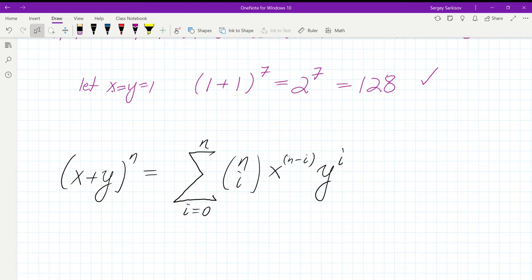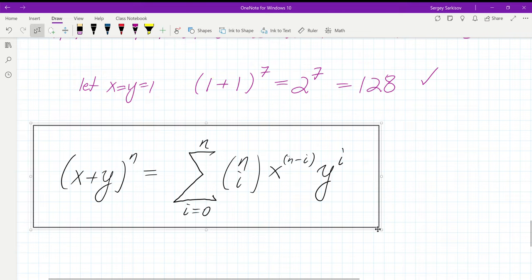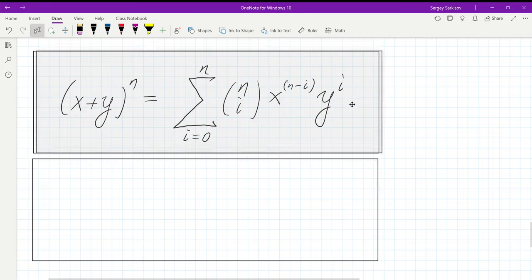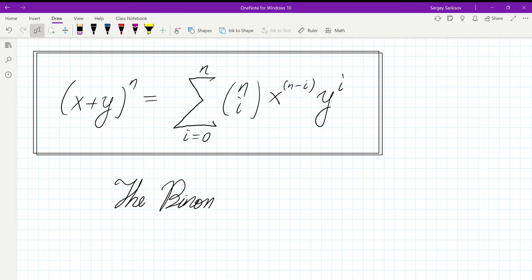And that is the result. We'll put it in a really cool box and call this our result, the binomial theorem.